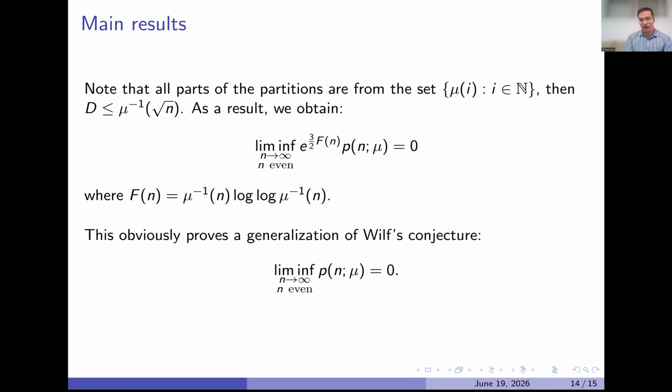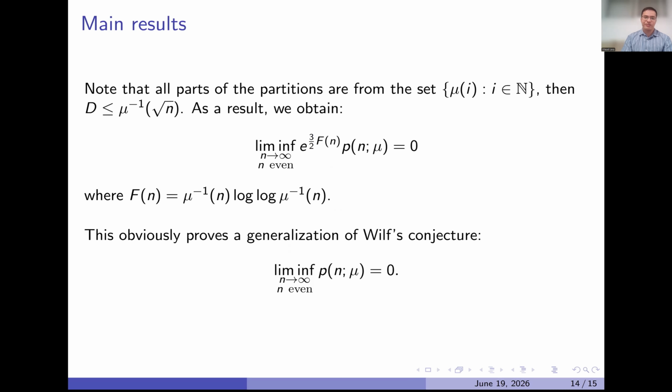This is also a proof of a generalization of Wolff's conjecture. Originally, Wolff's conjecture said that the limit inferior of p sub n, this probability, will be 0. But now we proved it also for any restriction mu placed on the parts.